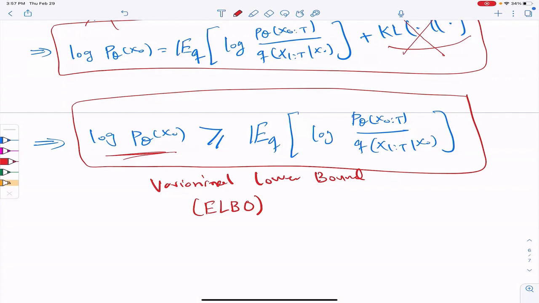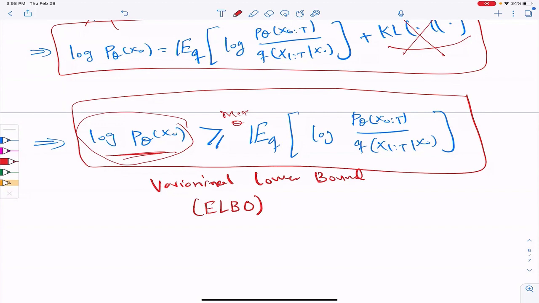Instead of maximizing the log likelihood, I'm going to maximize my lower bound. Let's see why it makes sense. The first term is p theta of x0 to xt, a joint distribution, divided by the conditional distribution q over x1 to t given x0.